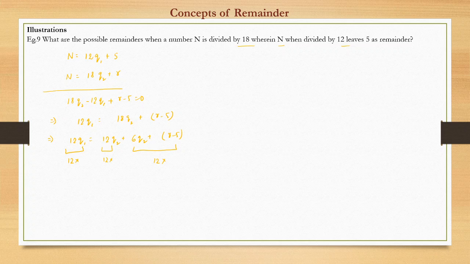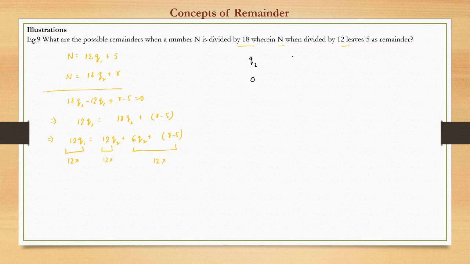So let us form cases here. What are possible values? Suppose q2 takes a value of 0. So at q2 equal to 0, this term becomes 0. So r minus 5 now will have to be a multiple of 12, that is 0, 12, 24.